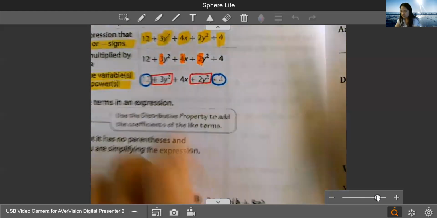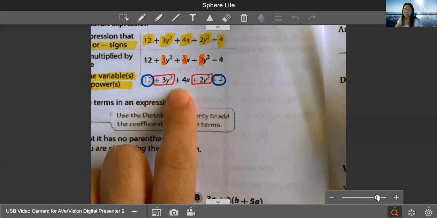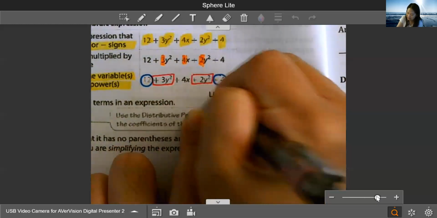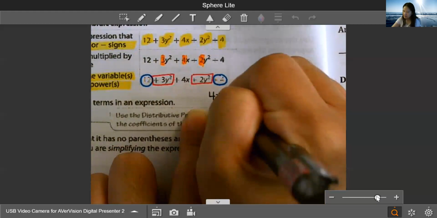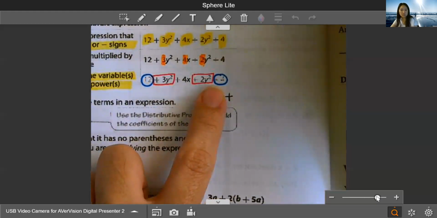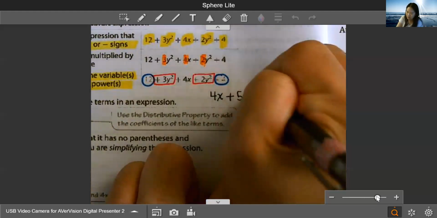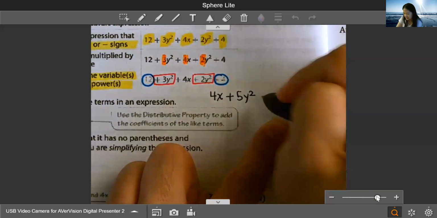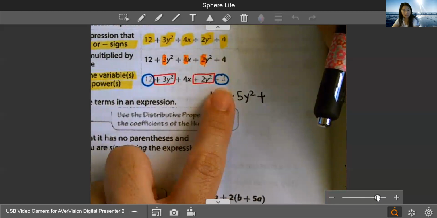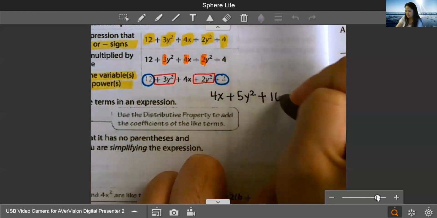So in alphabetical order, x comes before y, and 4x didn't have any like terms, so it'll just be 4x plus 3y squared plus 2y squared is 5y squared, plus 12 plus 4 is 16, so plus 16.